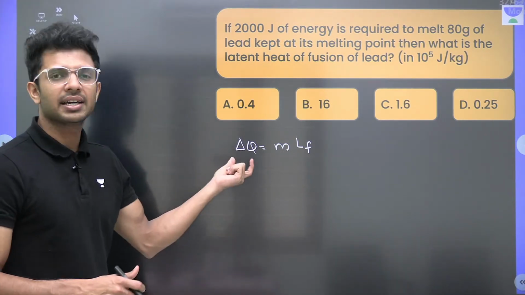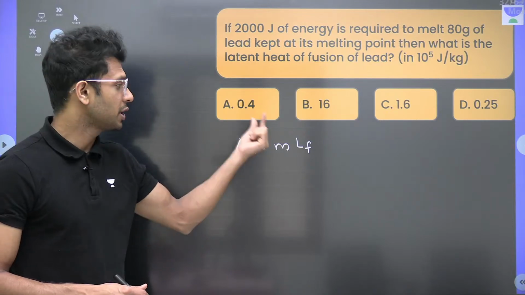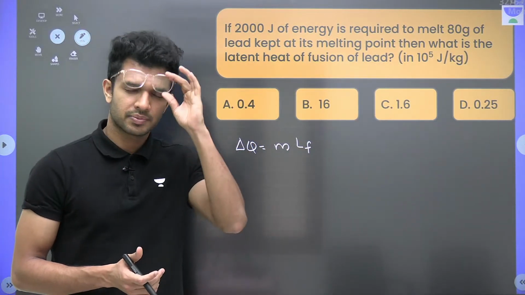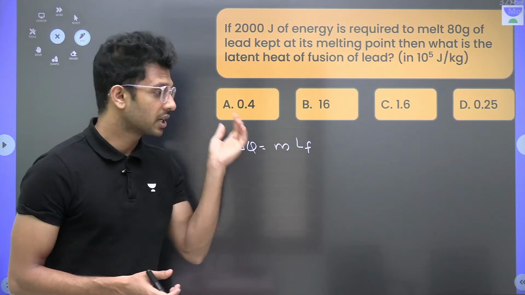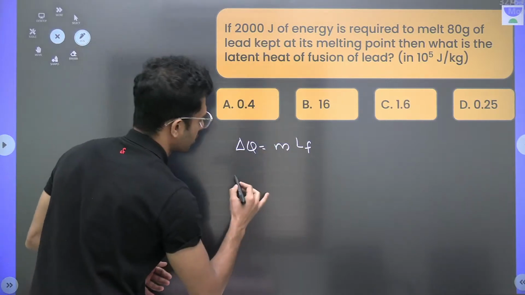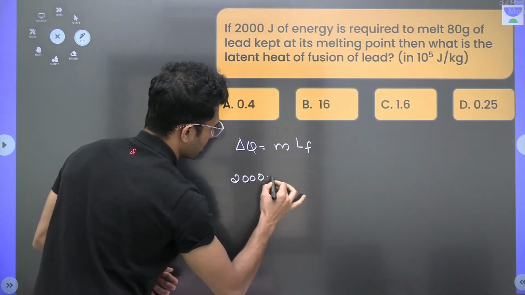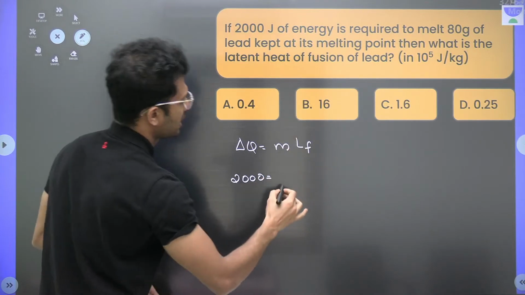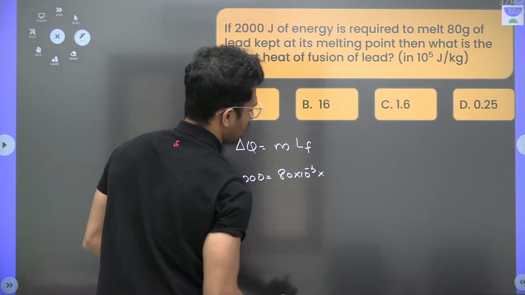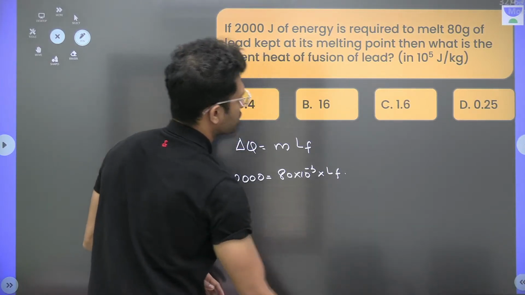That is latent heat of fusion. So total heat energy that has to be given to a body of mass m is equal to m into latent heat of fusion. Simple, right? Okay. So whatever values are given, just we can substitute it here. Delta Q ka value 2000, right? Yes. Mass is given 80 grams, that is 80 into 10 power minus 3 into latent heat of fusion.